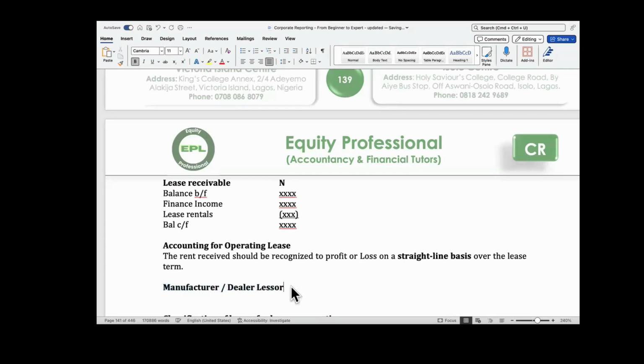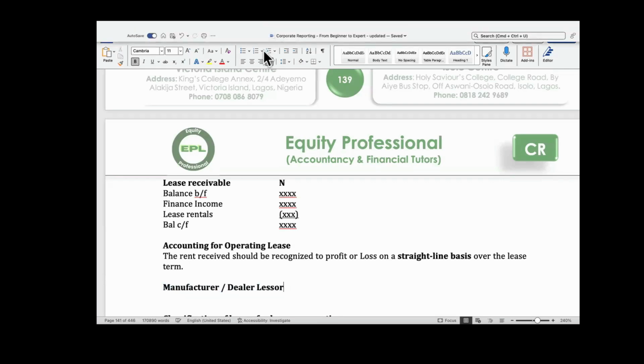This manufacturer or dealer lessor is a lessor that leases out an asset, and that same asset, he also sells. He leases it out, he also sells them.